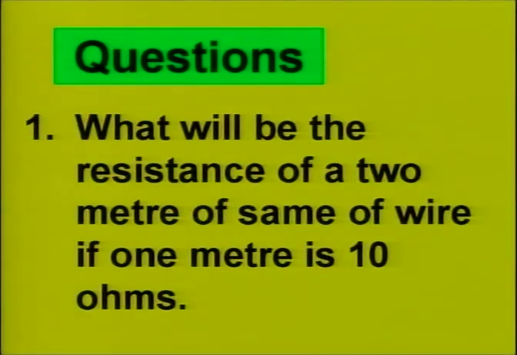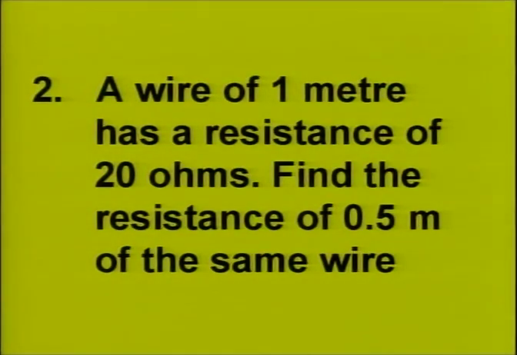All right, finish copying question number 1. Here is question number 2. A wire of 1 meter has a resistance of 20 ohms. Find the resistance of 0.5 meters of the same wire.